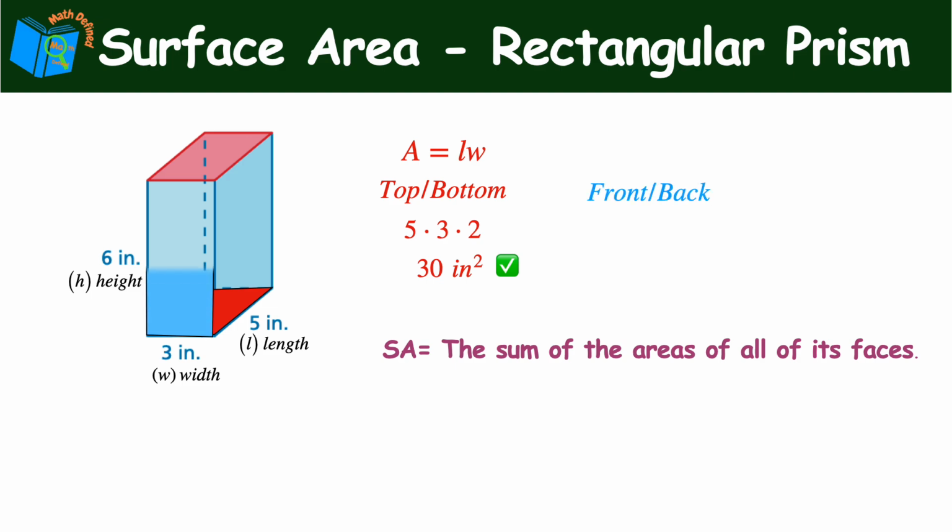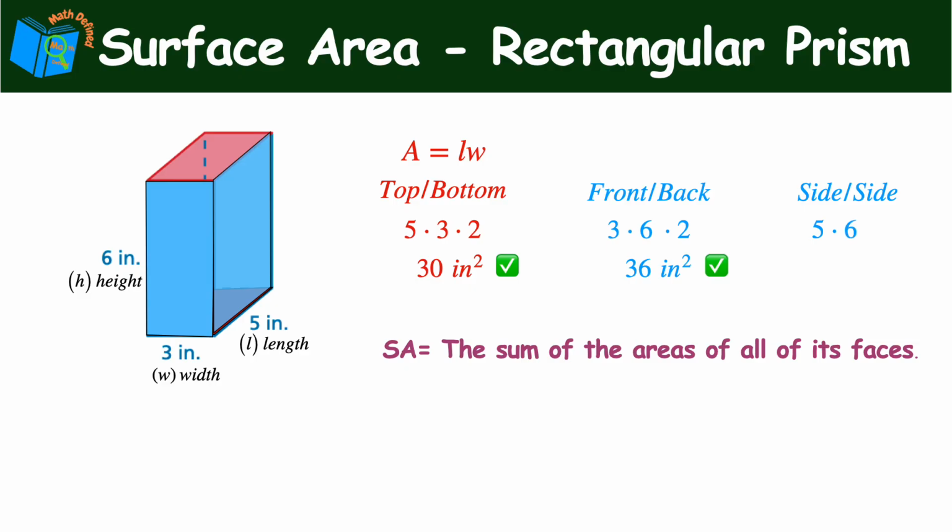Next, the front and back faces. Each of those has a width of 3 inches and a height of 6 inches. Multiply 3 times 6 to get 18, and again there are 2 of them, so 18 times 2 is 36 square inches for the front and back. Now for the 2 side faces. Each one is 5 inches by 6 inches.